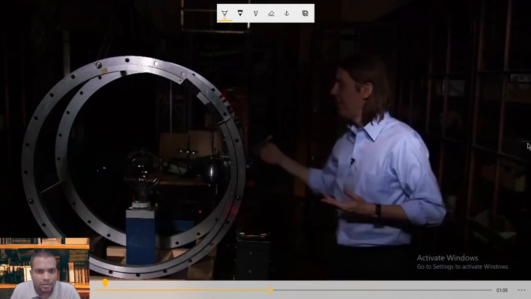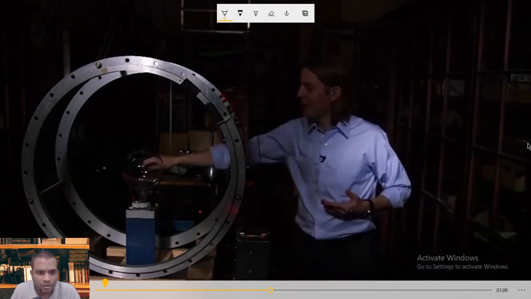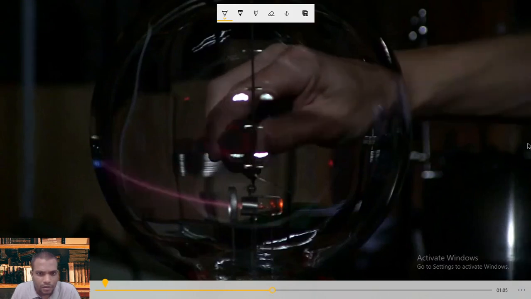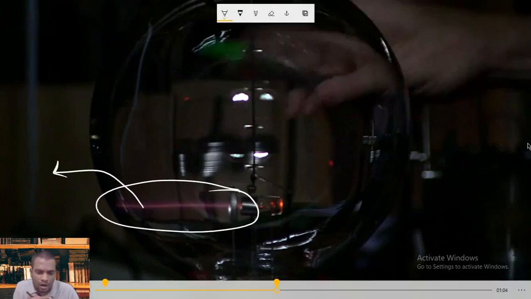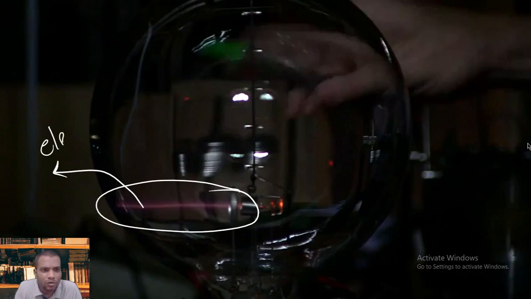Suppose you release electrons there, if we notice carefully. Here this is the electron beam. It means electrons moving like rays, which is known as an electron beam.